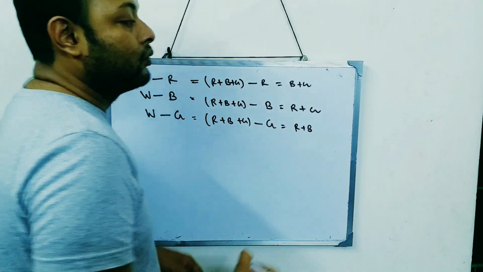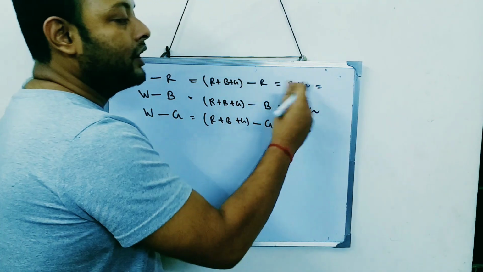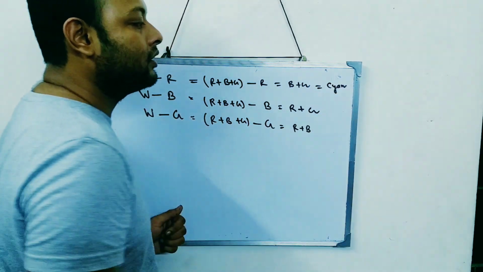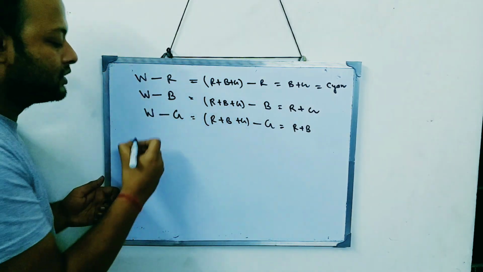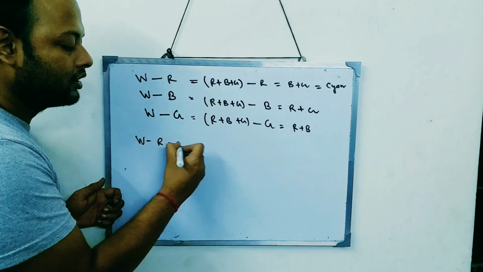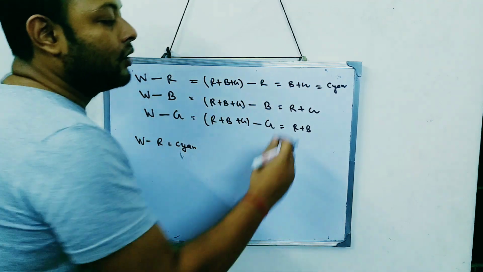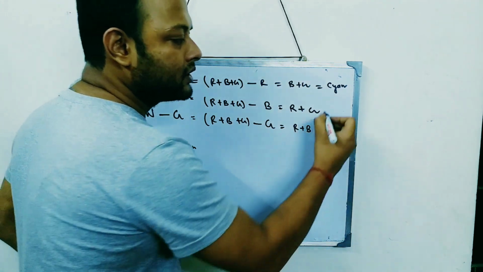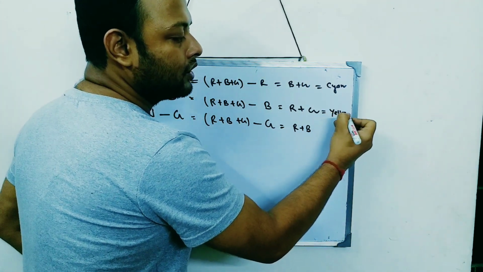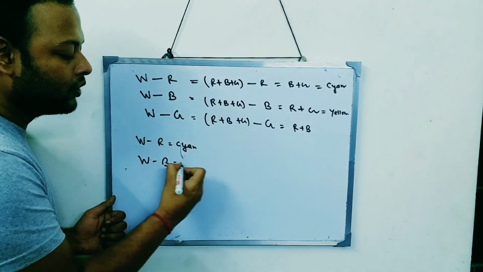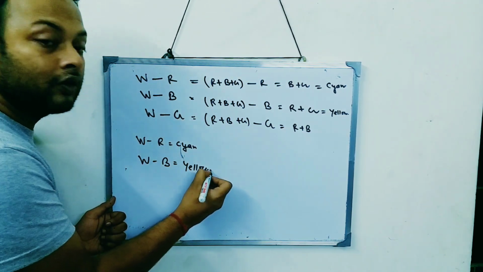Now, this blue and green combines to give you cyan. So white minus red gives you cyan. Now, red plus green gives you what? Yellow. So white minus blue gives you yellow color.